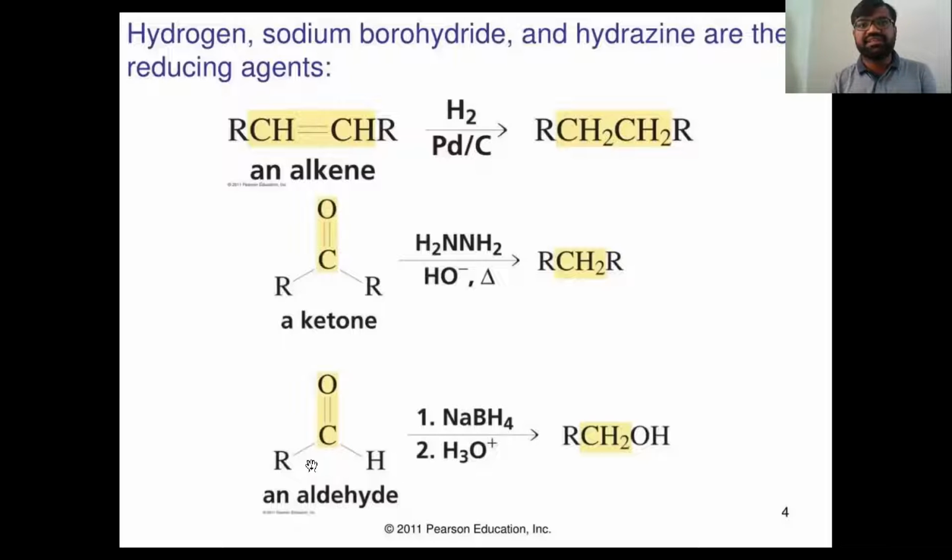Aldehyde, if it is reacted with sodium borohydride, a powerful reducing agent, a white colored, granular substance that is very sensitive to moisture and will absorb moisture, it will reduce the aldehyde to alcohol.